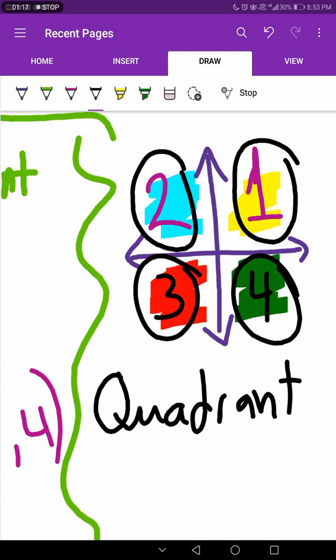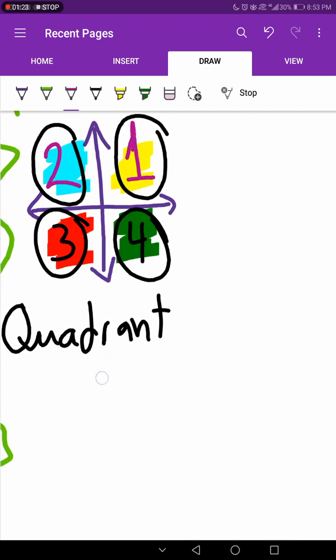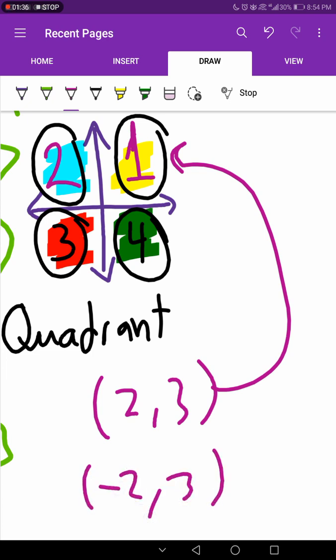Okay, teacher. Then, sometimes I will ask you, 2 and 3 come in which quadrant? You will tell me it is come in the first quadrant. Now, negative 2 and 3, it is come where? Okay, it is come in the second quadrant, teacher.